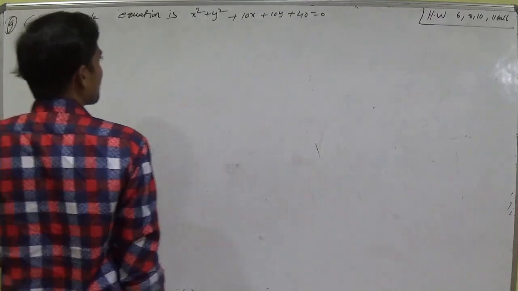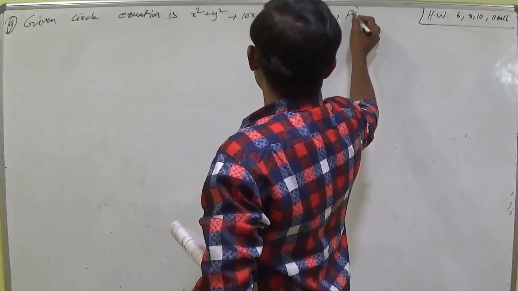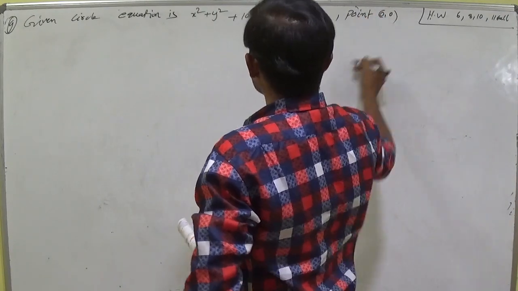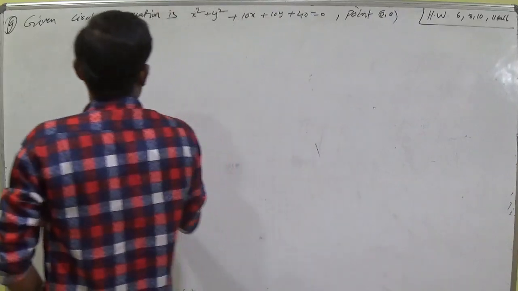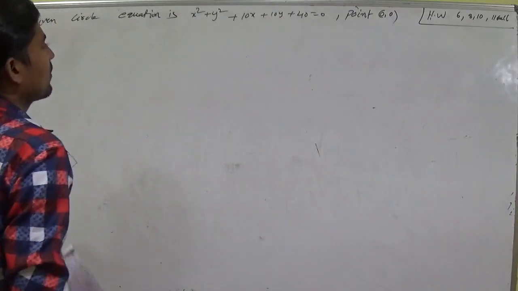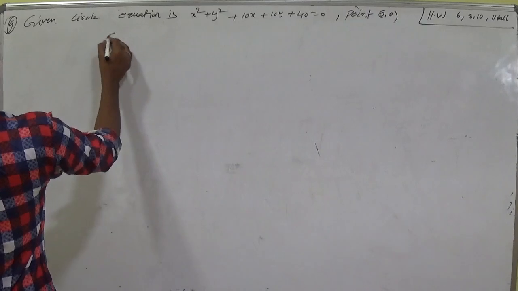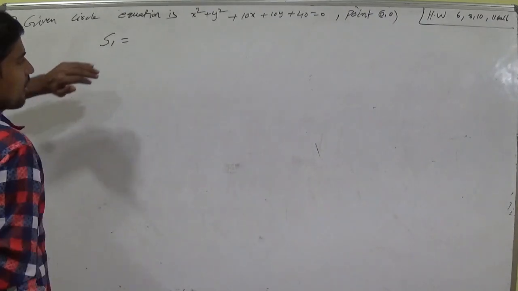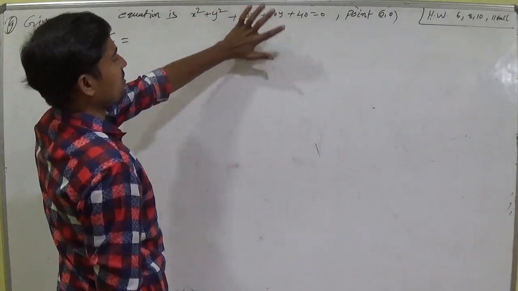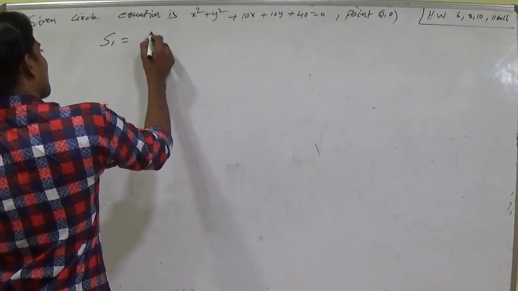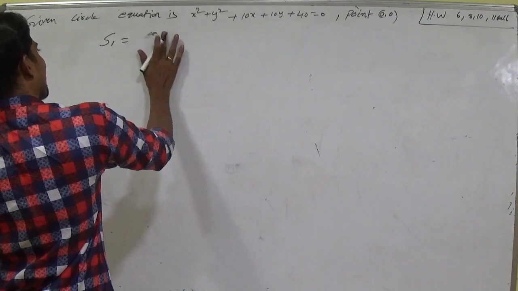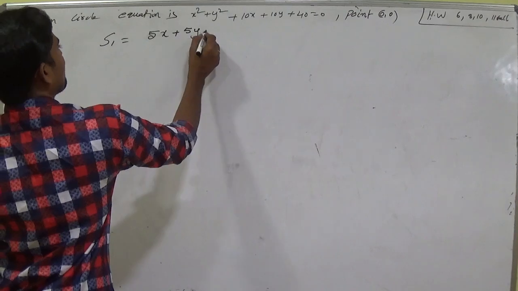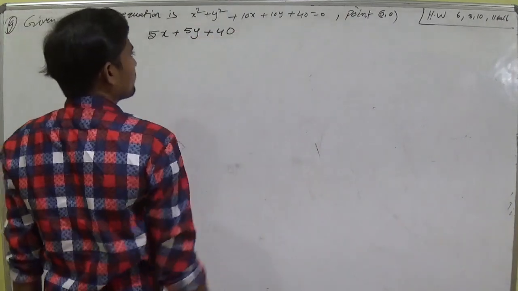The point is (0, 0). S1 equals x x1 plus y y1 plus g into (x plus x1), so 5x plus 5y plus 40.